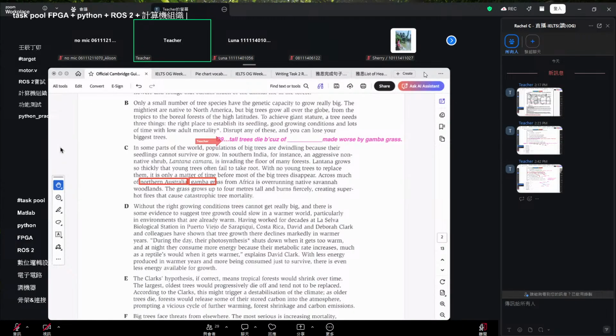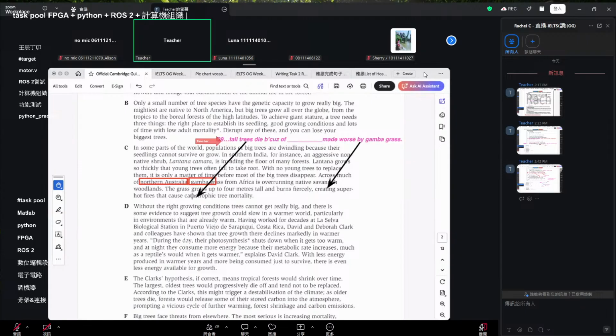Now, if we were to draw different arrows down there, we'll use the black. Made worse by gamba grass. Because the gamba grass creates super hot fires that cause catastrophic tree mortality, the tall trees die.